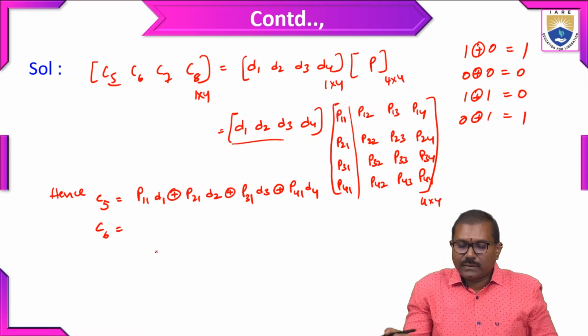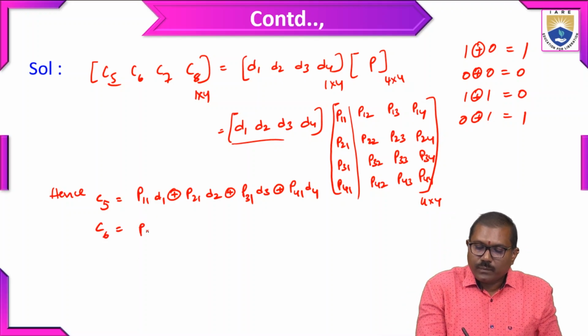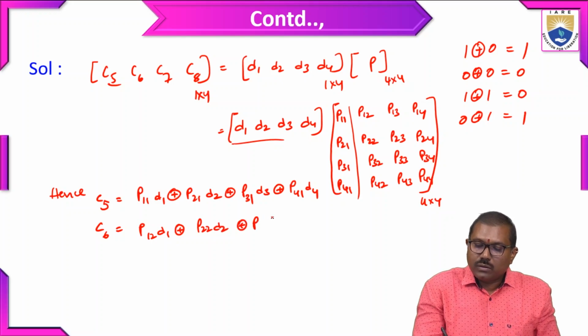So C6 is P12 D1, P22 D2, P32 D3, P42 D4.